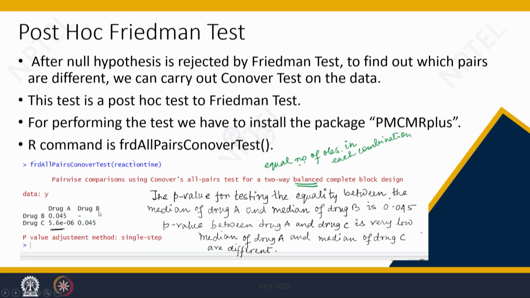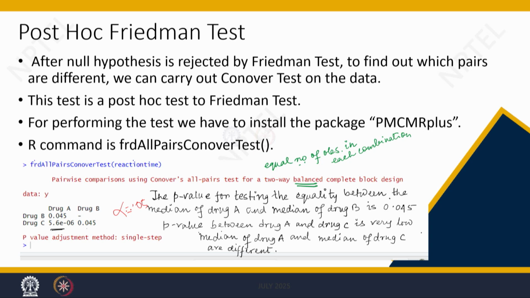And the P value for the equality of medians between drug B and drug C turns out to be 0.045.